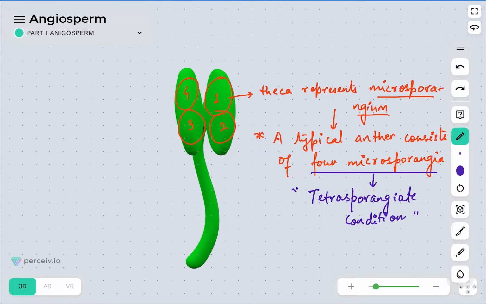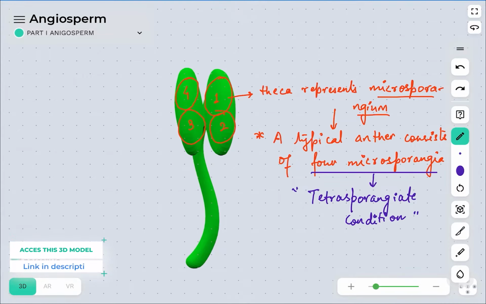So this was about the anther part that we have discussed. We have seen till now that the anther is the fertile portion. It is bilobed and dithecous, and the theca represents the chamber or the microsporangium. Since there are 4 microsporangia present in the anther, the anther is considered to be a tetrasporangiate condition.